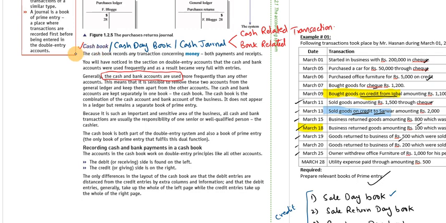We have read what the cash book is: recording cash and bank payments. In our cash book we record cash related and bank related transactions. The debit side shows receiving cash, and the credit side shows giving cash, meaning paying cash.